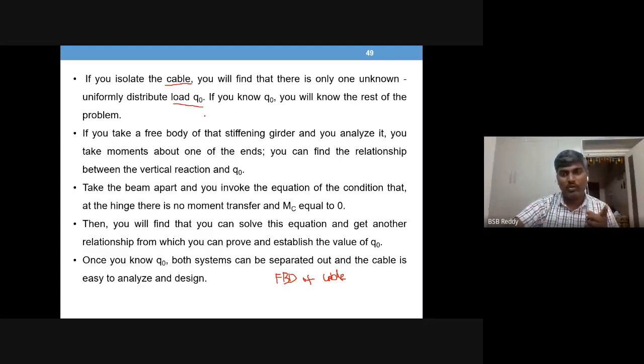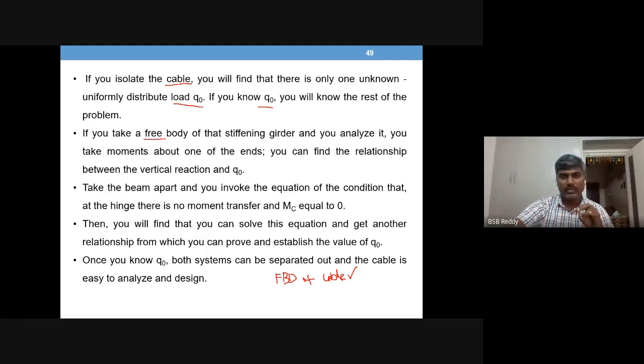So the load acting on the cable, you are not able to see the load. That's why it is an unknown value. You have to estimate it. Once we know Q naught, then you can solve the rest of the problem regarding cables. So the load on the cable is the unknown value.